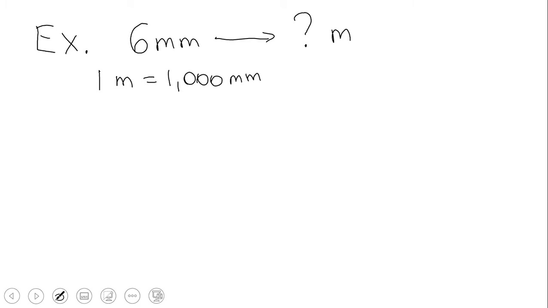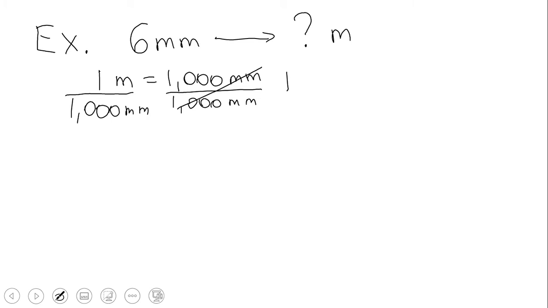So what do I mean by that? I'm going to take my second equation and I'm going to write it as a ratio by dividing both sides by 1,000 millimeters. Now, what does this do? Well, on the left side, I just have a ratio of two quantities with different units. On the right, I have something divided by itself. This is 1.